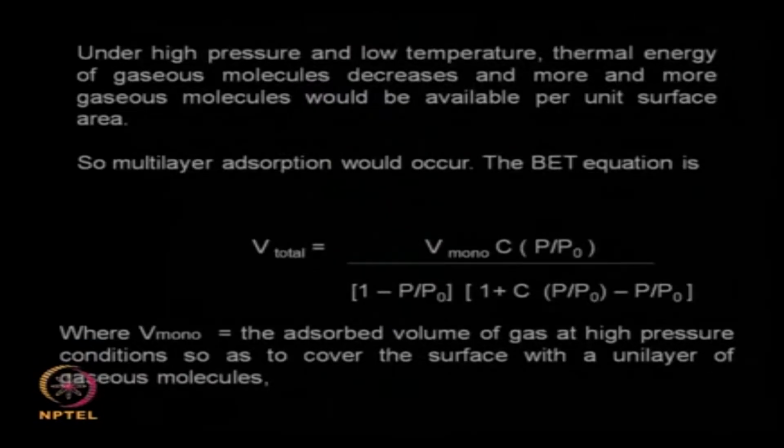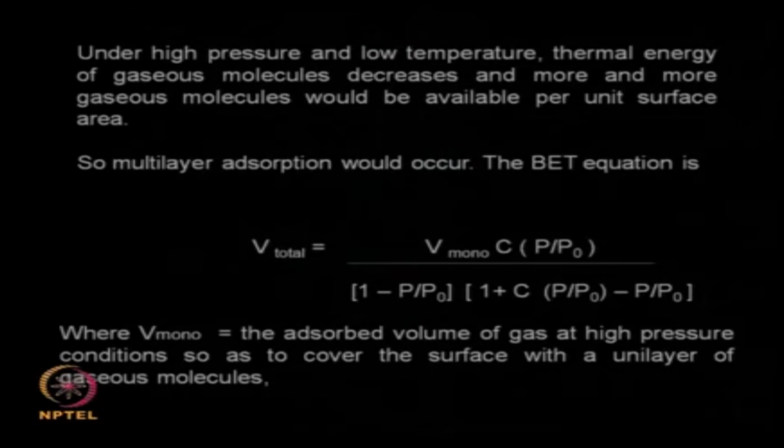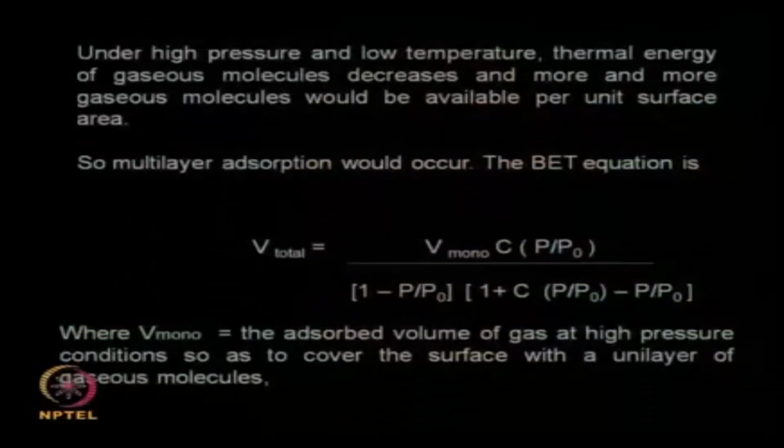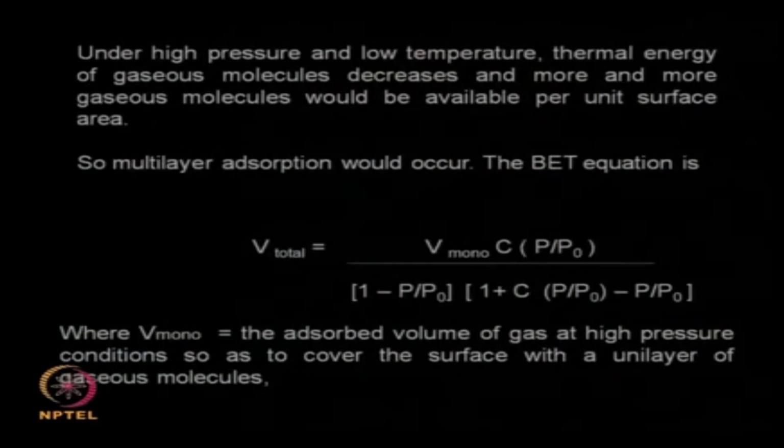So, when you go to high pressure, because if you look at these theories of Freundlich or the Langmuir, which is very ideal for low pressure, when you go for high pressure you have thermal energy of gaseous molecules decreasing and more of gaseous molecules will be available at the surface. So, you will end up with a multi-layer adsorption process, and the equation becomes slightly more complicated.